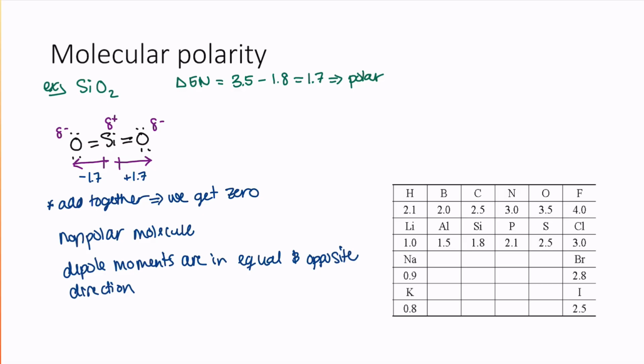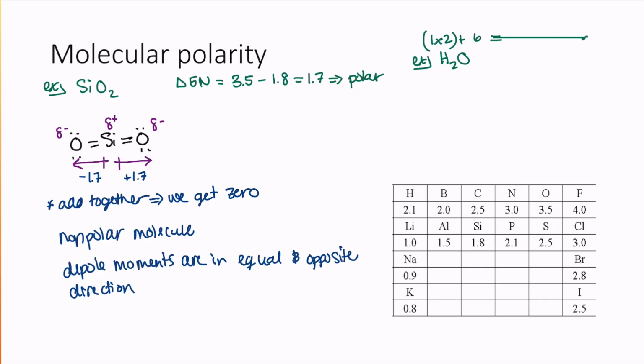Let's check out another example. We can look at H2O. First thing I want to do is sum up my valence electrons. Hydrogen has one valence electron, and there are two hydrogens, and oxygen has 6 valence electrons.